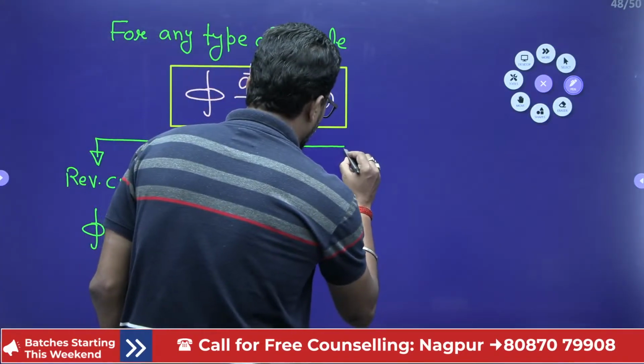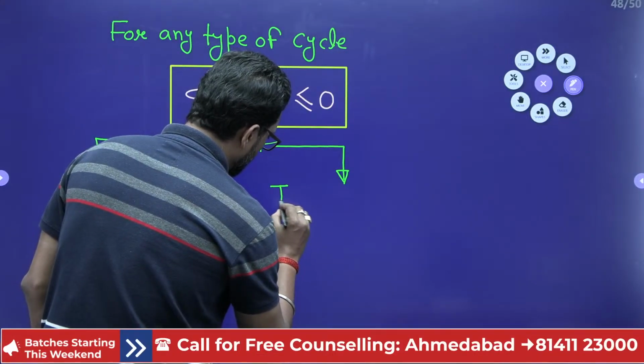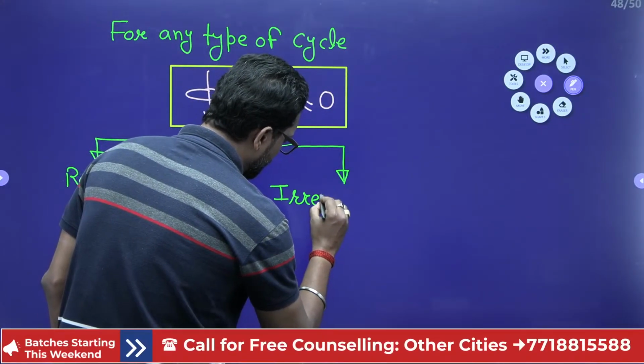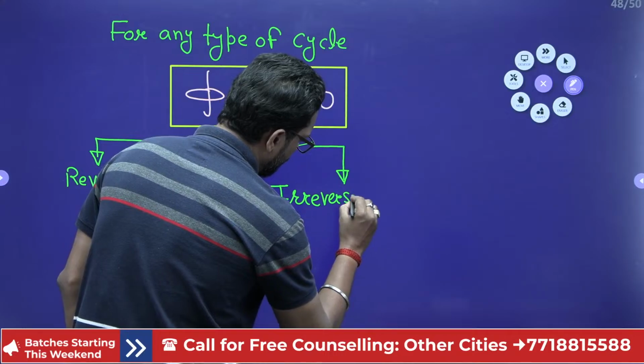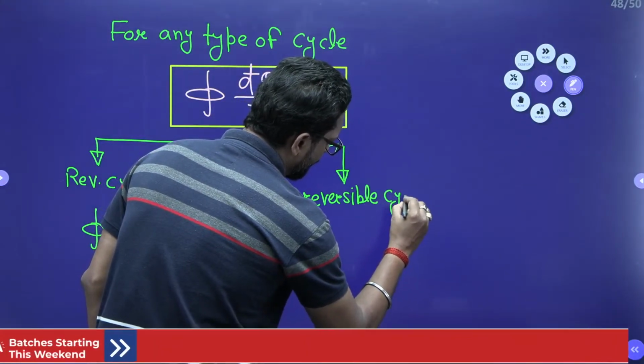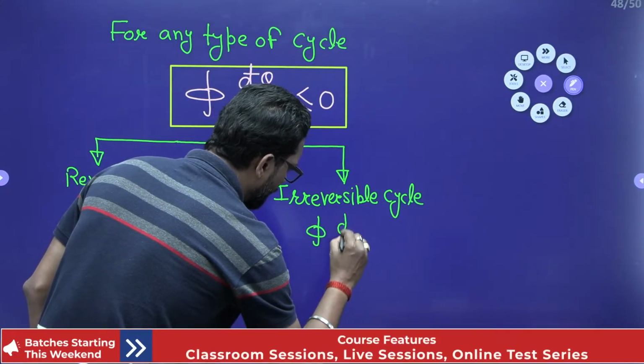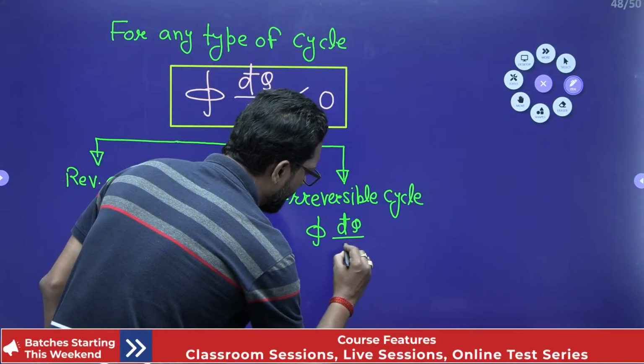And for the irreversible cycle, we can say that the cyclic integration of dq by t is less than 0.